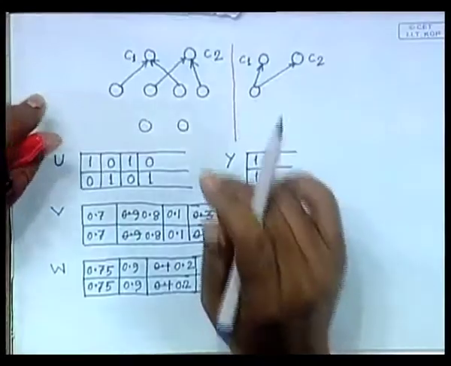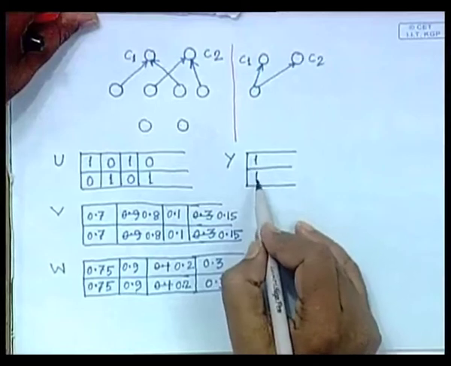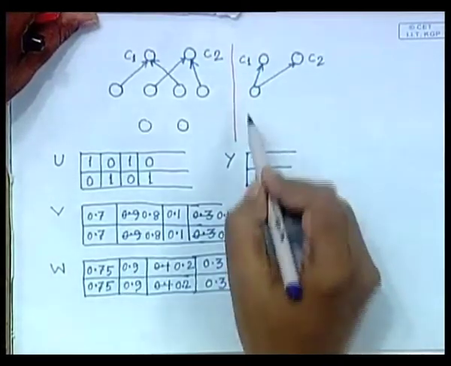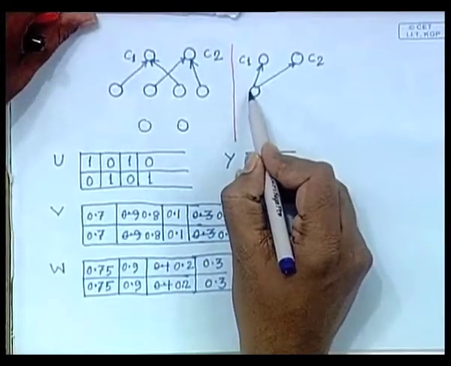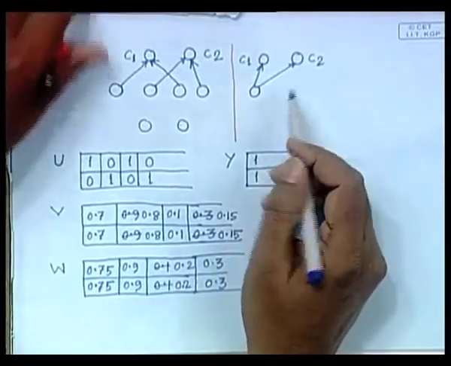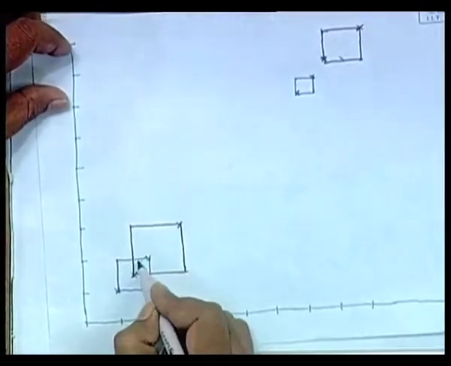So, every neuron in the middle layer of the overlap compensation section will be connected to two output layer neurons in the overlap compensation section. Okay. So, here this Y matrix will be 1 1, and the min point and max point of this particular hyperbox will be the min max point of this region.